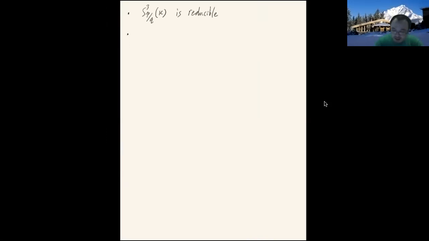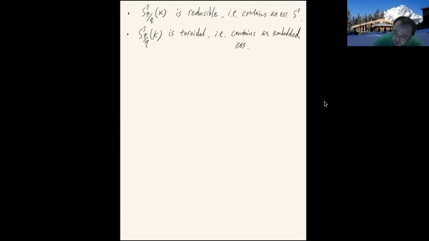Reducible means that it contains an essential two-sphere. The second case is this surgery is toroidal, i.e. it contains an embedded essential torus.